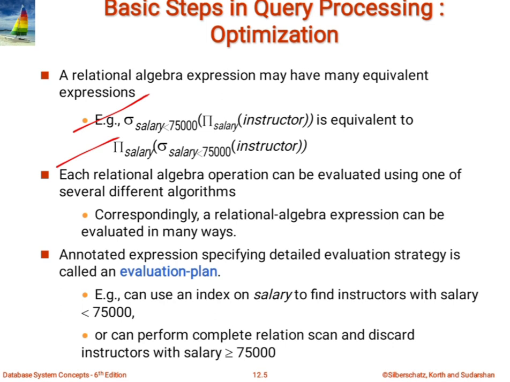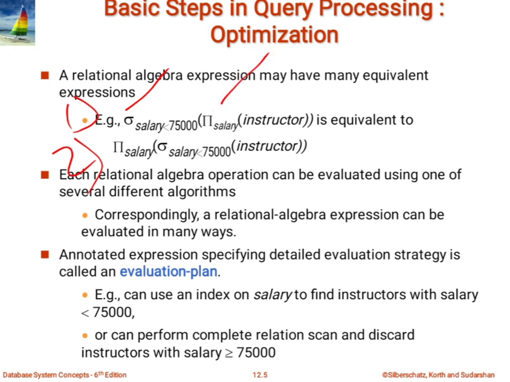Select salary less than 75,000, project salary, from instructor is equivalent to, and in the second example, project salary, then select salary less than 75,000 from instructor. In the first example I am doing the selection first and then the projection.